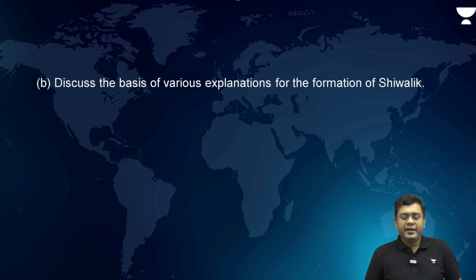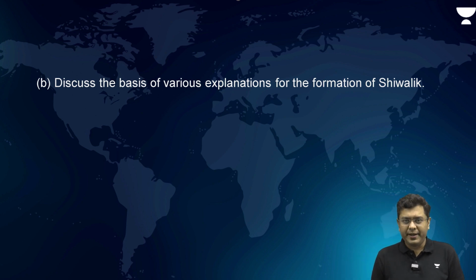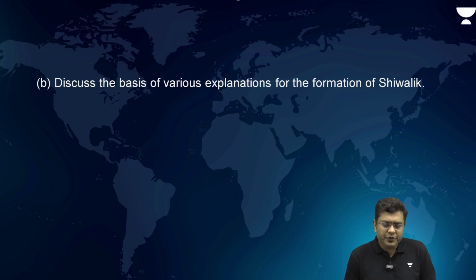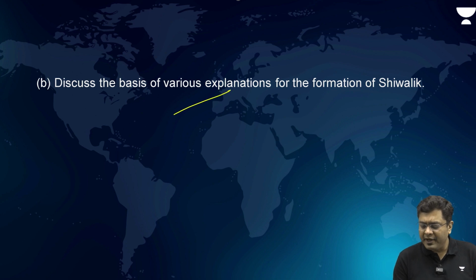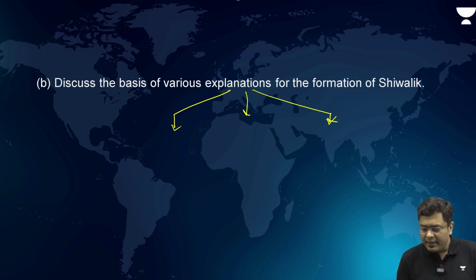Now, discuss the basis of various explanations for the formation of Shivalik. So, for the formation of Shivalik, you have three different types of explanations, right? And you have to just mention them and talk about them. One is that you have the marine origin of the Shivalik, just like the other ranges of Himalayas.